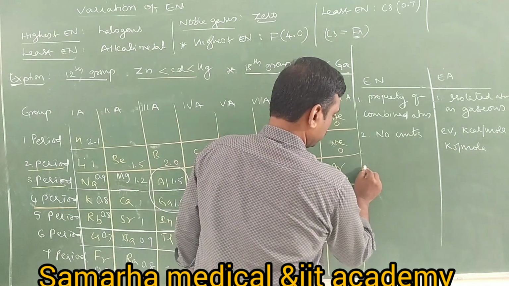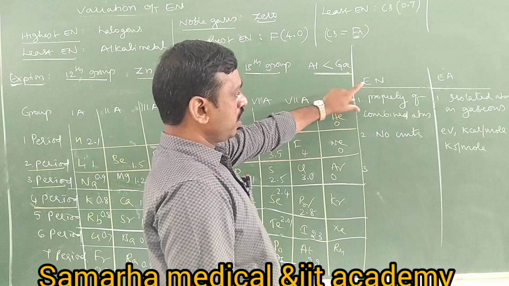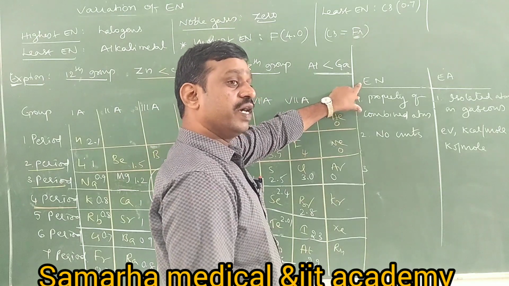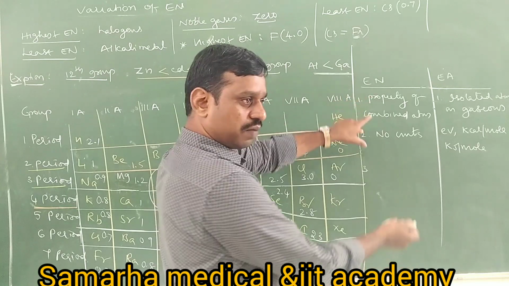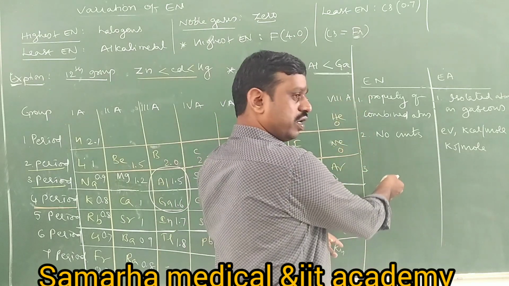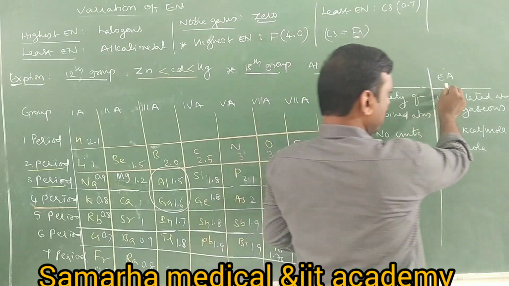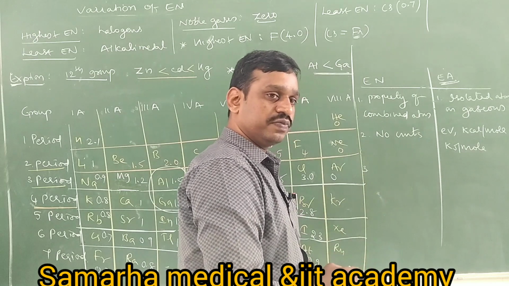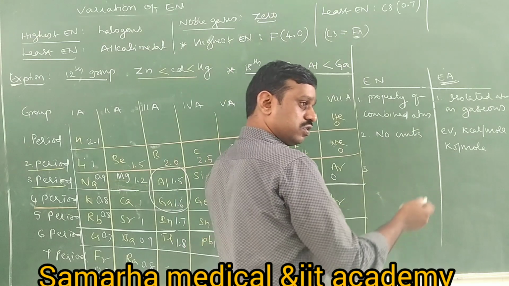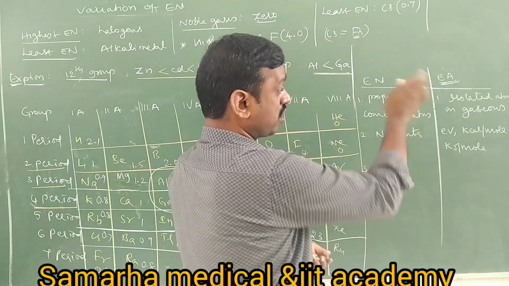Next, the third difference is that electronegativities cannot be calculated experimentally. Right? It is a relative value, a comparison value. It cannot be calculated experimentally. Whereas electron affinity can be calculated experimentally, that is by the Born-Haber cycle. The Born-Haber cycle is used to calculate electron affinity.